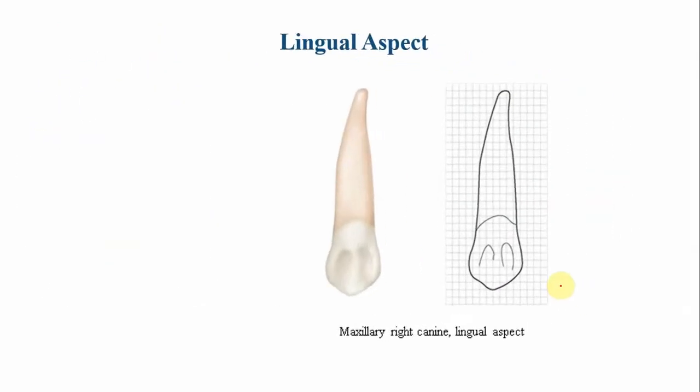Moving to the lingual aspect, the maxillary canine is characterized by a large prominent cingulum. It's considered the most prominent cingulum among all anterior teeth. We have well-developed marginal ridges, this is the mesial and this is the distal. Also, we have a well-developed lingual ridge extending from the cusp tip to the cingulum, dividing the lingual fossa into two, mesial and distal lingual fossae.